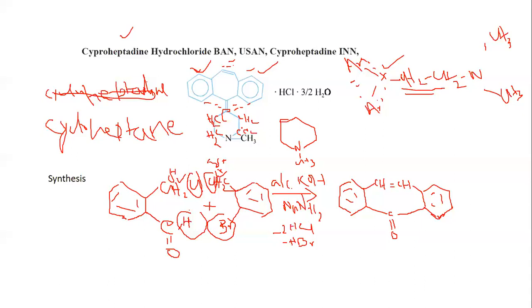Now, if you recall the Grignard addition and then elimination, you can recall how I can create the double bond in the case of trichloroethylene. The same thing we can approach here also. So just add, I'm doing plus, just add one N-methyl piperidine Grignard reagent.